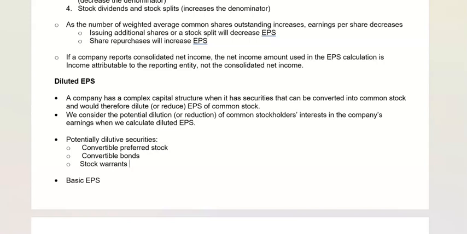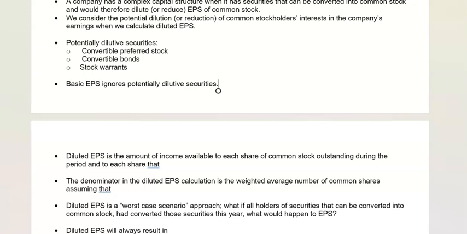Diluted earnings per share doesn't need these holders of the convertible securities to actually convert them into shares of common stock. Basic earnings per share ignores potentially dilutive securities. And diluted earnings per share is the amount of income that's available to each share of common stock outstanding during the period and to each share that would have been outstanding.